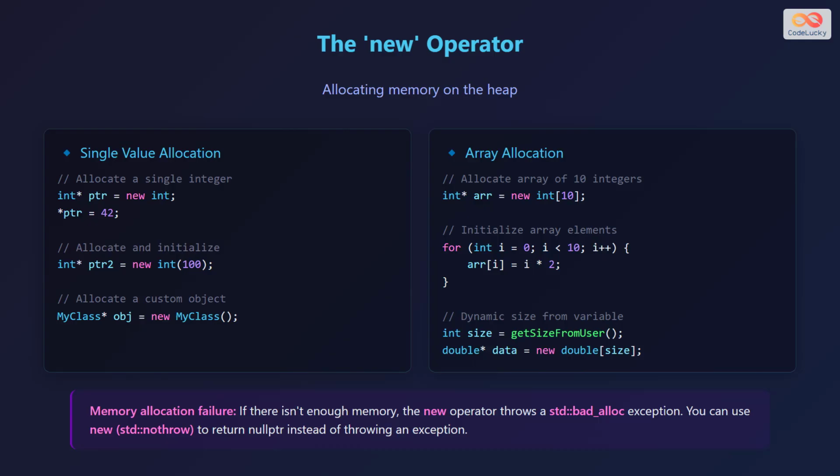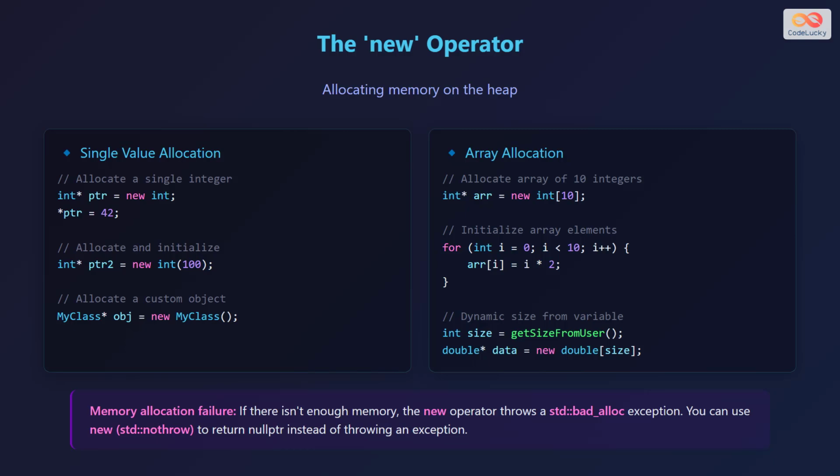Now let's explore the new operator in more detail, which is used for allocating memory on the heap. On the left side, we see examples of single-value allocation. In the first example, we allocate memory for a single integer using new int. The address of this memory is stored in the pointer ptr. Then we assign the value 42 to the memory location pointed to by ptr.